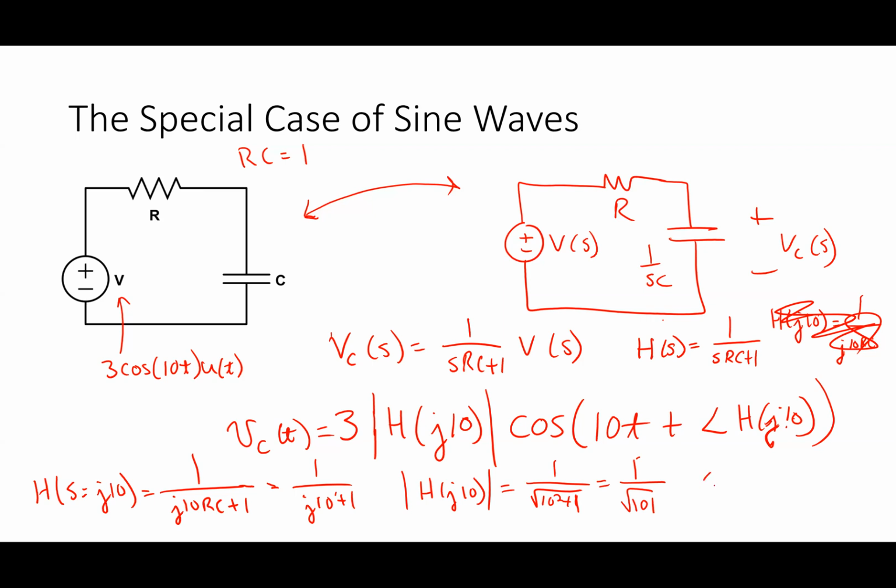And the angle of H of j10, if you evaluated that, would be negative arctan of 10. Not particularly hard to solve for that, and I could plug this in. Now, that's a result that you will have to make use of in the homework. And we're going to expand on that a lot more as we go through the next couple of lectures. And I'm going to stop there.